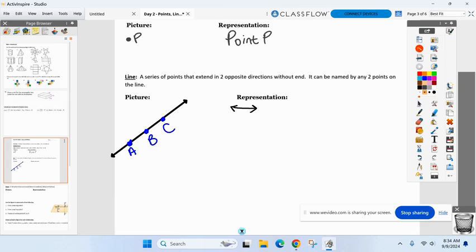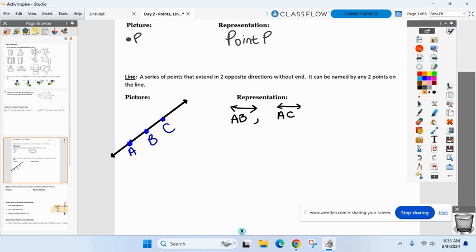Underneath it, you must have at least two points on that line in any order you want. So there are multiple ways I can name this line. We could name it line AB. Let's keep grinding here. I could also name it line AC, fine.